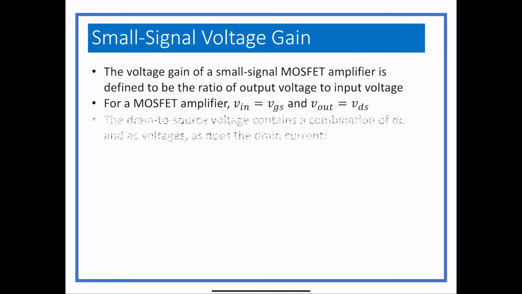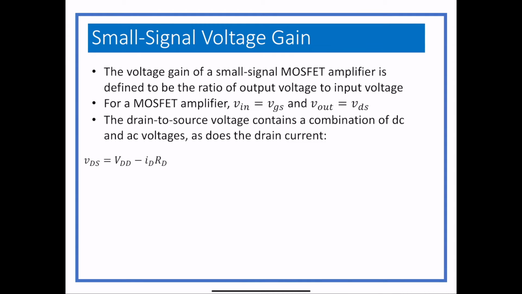So, if we look at the drain to source voltage, which is where the output is going to be, it has a combination of DC and AC voltages, just like the drain current was. So vDS, little v, capital D, capital S, means it's a combination, has VDD, which was the DC source, minus iD, which is a combination of AC and DC, times whatever the drain resistance happens to be.